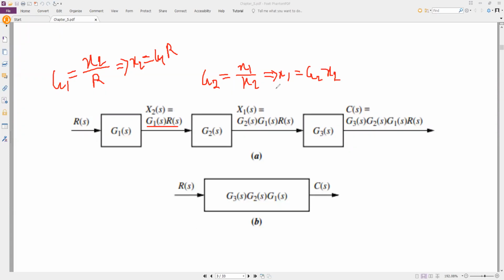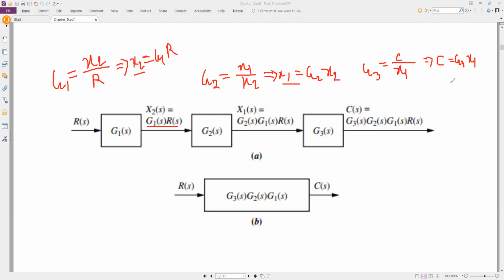So we know X2, we know X1, as well as C. Here G3 is equal to C by X1, or C is equal to G3 into X1.